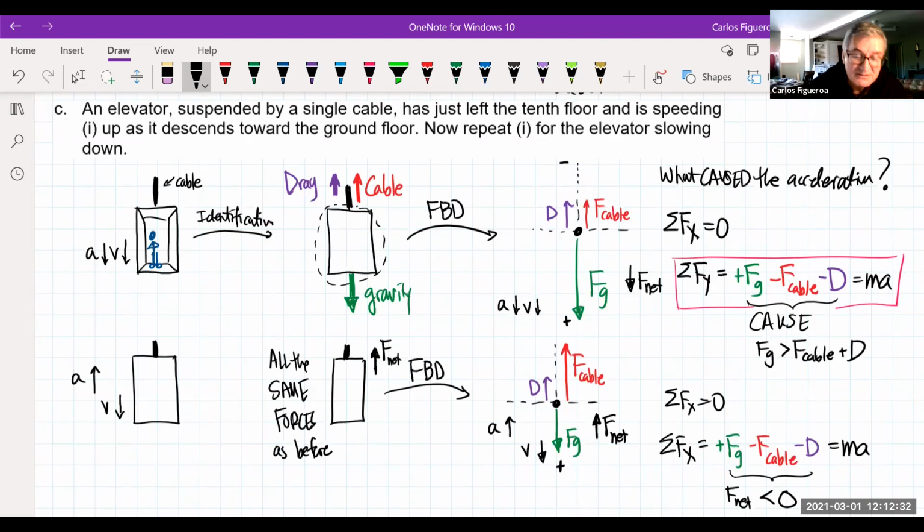That is the net force. That is what's slowing down the elevator. So here we go. That's my N2L equation. And the big difference here is that in this case this acceleration is negative because the net force is negative.